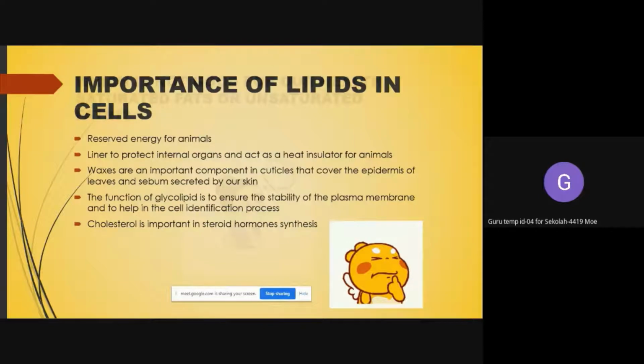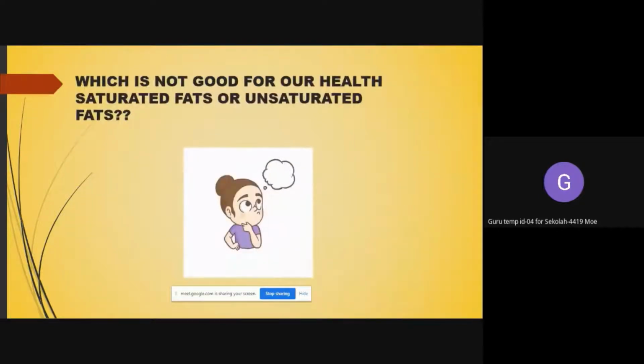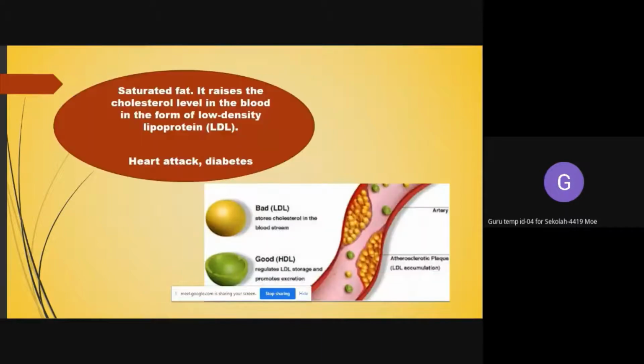Which is not good for our health, saturated fats or unsaturated fat? So the answer is saturated fat. Why? Because it raises the cholesterol level in the blood, in the form of low density lipoprotein, ataupun LDL.